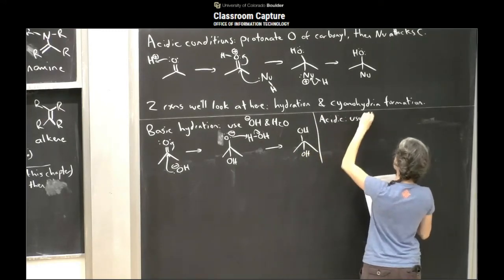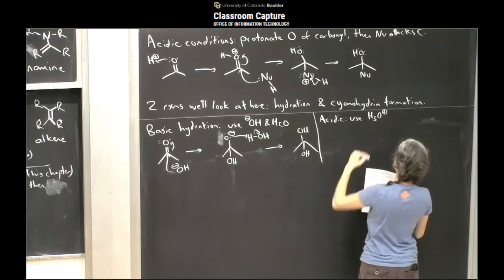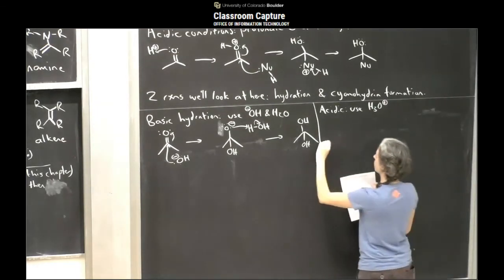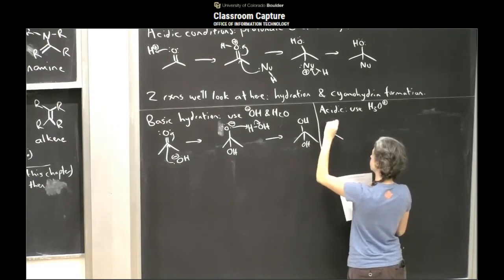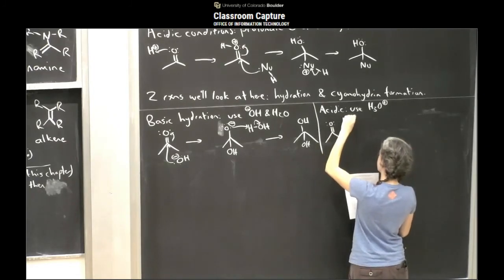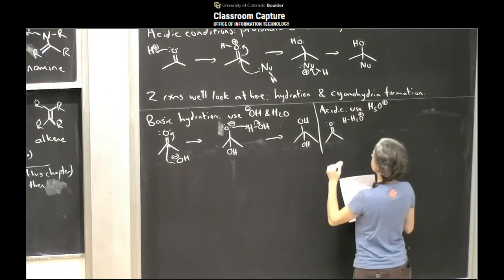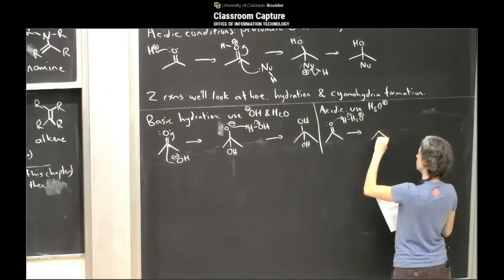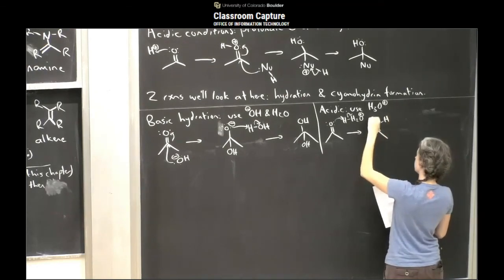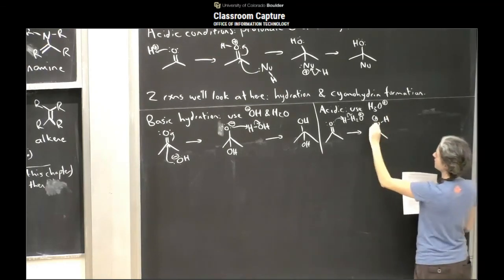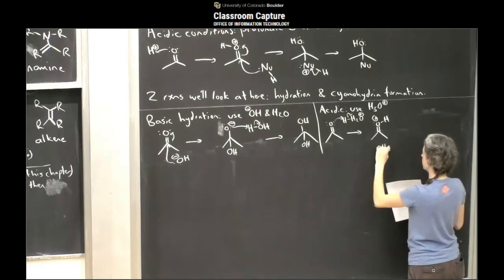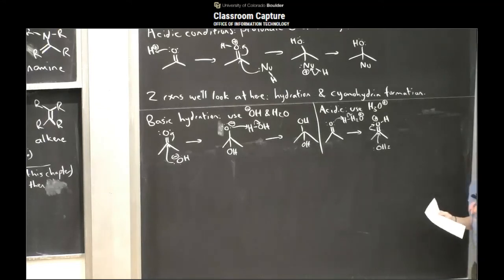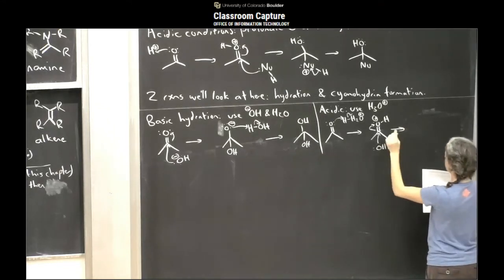we're just going to use H plus in water, which you can just combine as H3O plus. Okay, so protonate the carbonyl first. And now we've got a more electrophilic, attackable looking thing. So even water is an okay enough nucleophile to attack that.